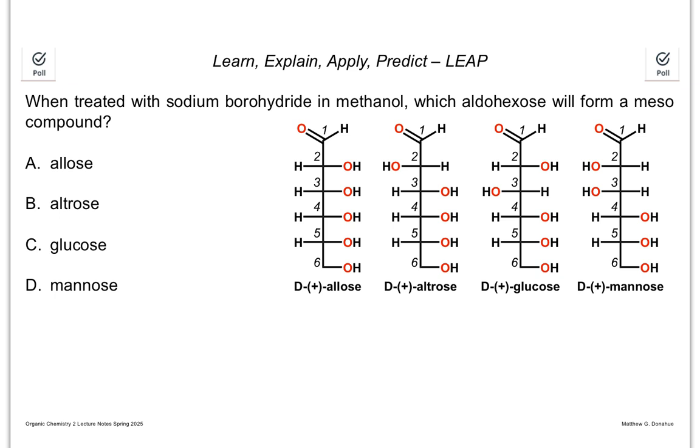So let's do some thought experiments based on reactions we know of oxidized carbons. It says when treated with sodium borohydride, NaBH4 in methanol, which aldohexose will form a meso compound? So sodium borohydride reacts at what functional group?